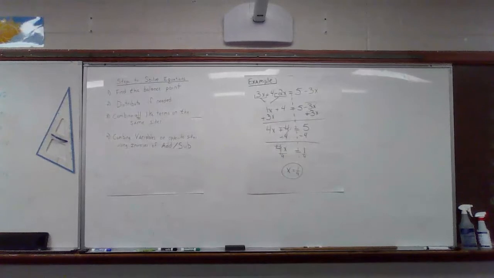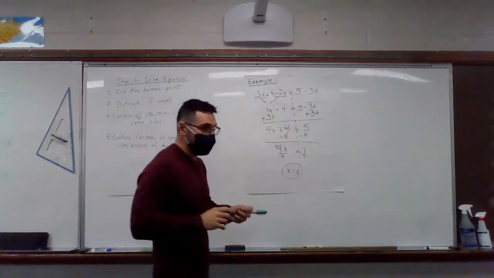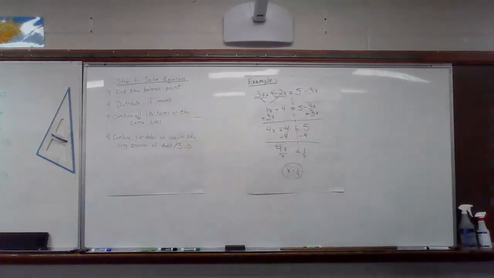And this is where a lot of people get confused, including teachers that I've worked with in the past. This is a confusing step. When I combine variables on opposite sides, we never divide, we never multiply. We are either adding or subtracting.